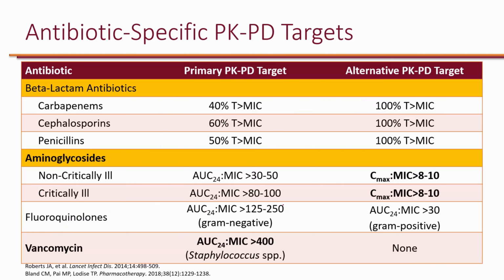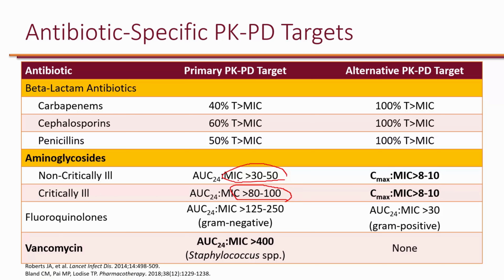Now, here are some PK/PD targets for commonly used antibiotics. For aminoglycosides, the best PK/PD target is AUC to MIC, specifically for non-critically ill patients it is 30 to 50, and for critically ill patients it is 80 to 100.